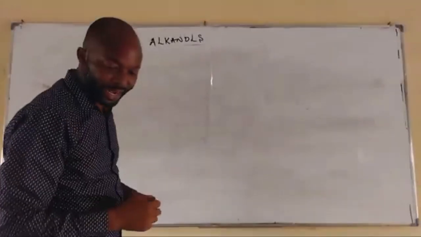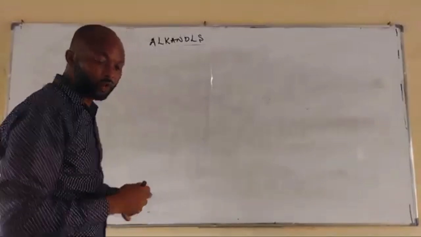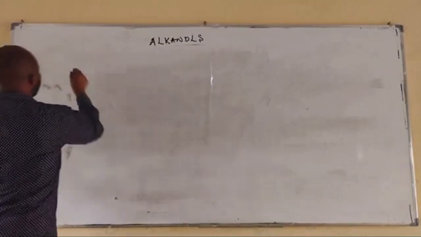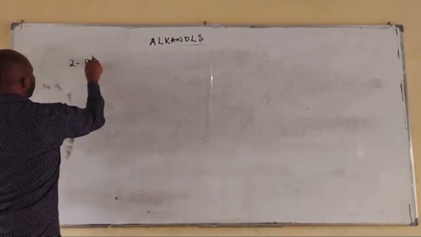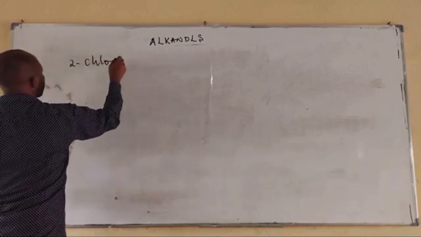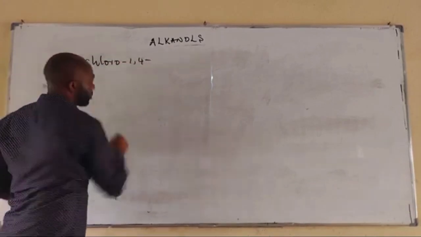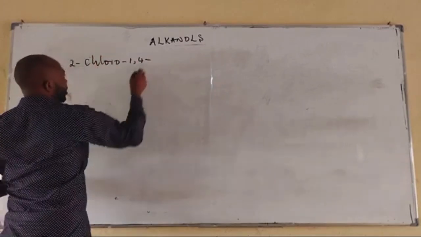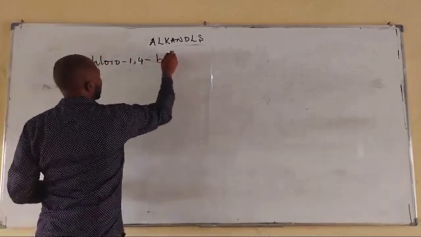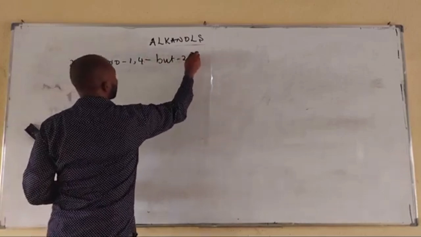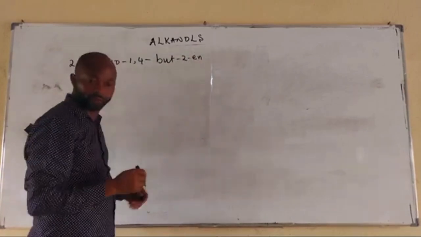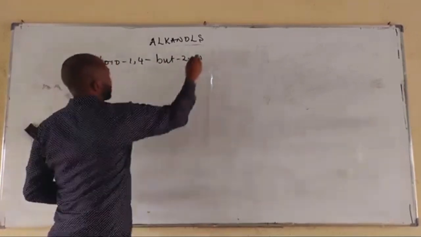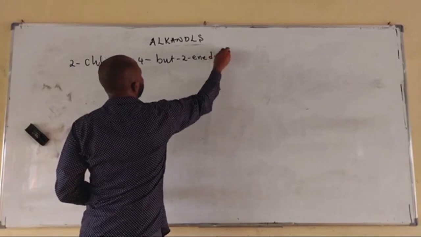So let's take another name. 2-chloro, 1,4, but-2-ene-diol.